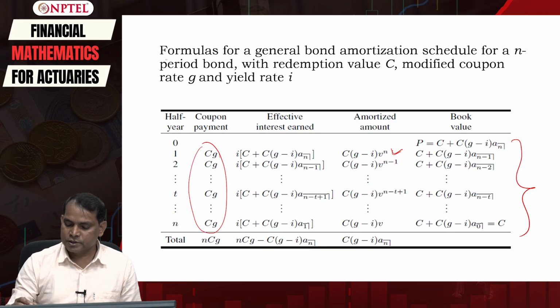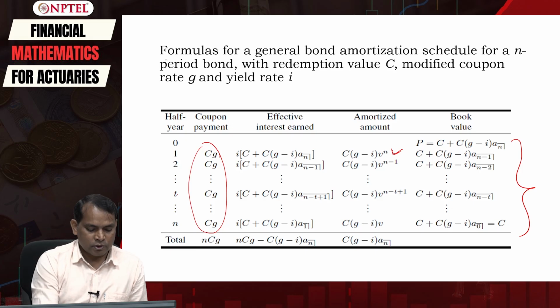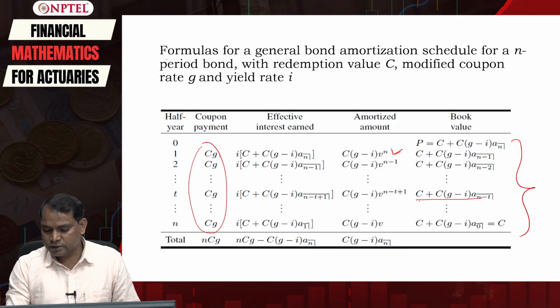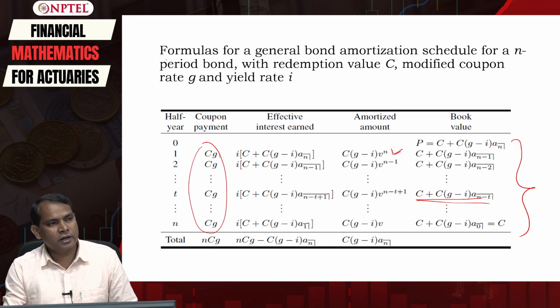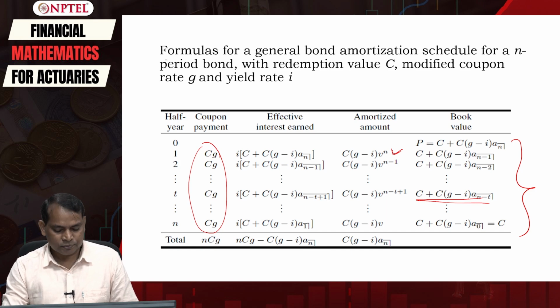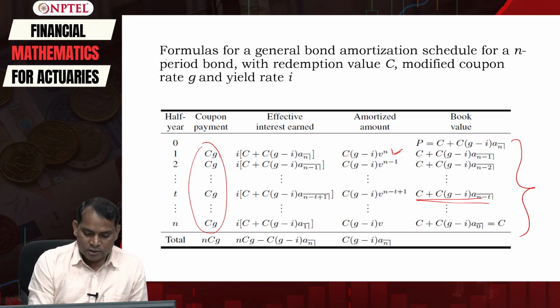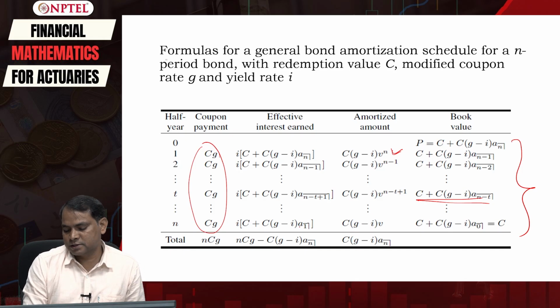For period t you just need to change this value. For t, the book value in this entry will be C plus C multiplied by (G minus I) times a angle n minus t. Therefore for the n-th period, the interest will be I times [C plus C(G minus I) a angle 1 at interest rate I].